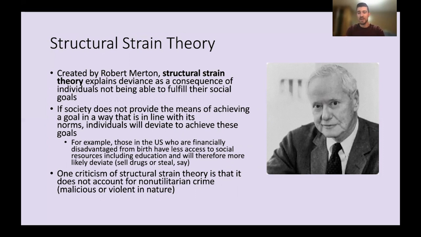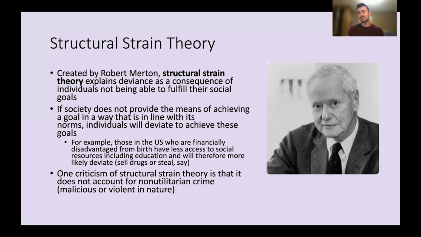Structural strain theory is basically saying that when the structure of society is not allowing us to fulfill our goals, specifically needs, like biological needs, so if we can't get food, money, shelter, or water, those are the biggest factors that come into play when an individual performs deviant behavior. And that's what we mean when we say society does not provide the means of achieving a goal in a way that is in line with its norms.